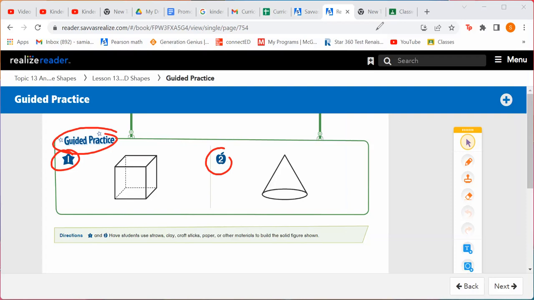So I want you to go ahead and do that. You saw that they use sticks or straws and some clay to build this. You can use paper to build this cone, or you can use straws and you can use paper. You can decide what you need to build those shapes.